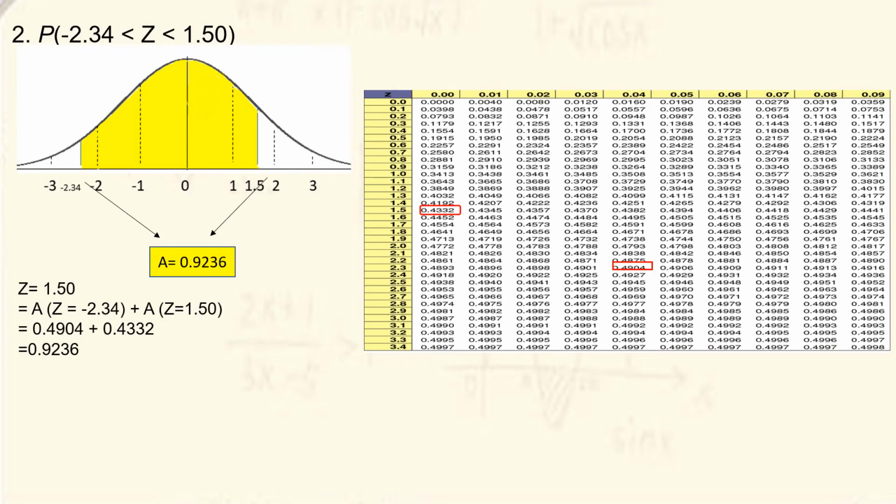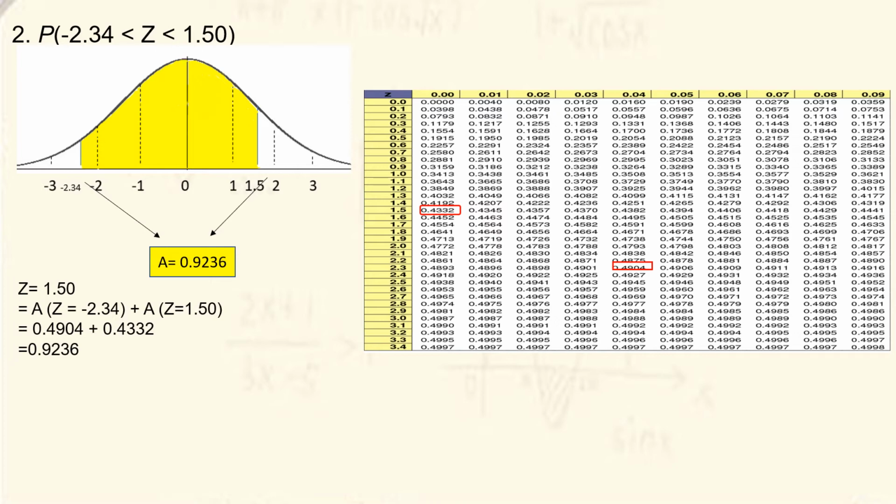For number 2, the probability negative 2.34 is less than z less than 1.50. To find the shaded region, since the values of z are negative 2.34 and 1.50, the shaded area will start from negative 2.34 to 1.50. And to find the area, first we have to convert z values to standardized random variable with the use of the standard normal distribution table.